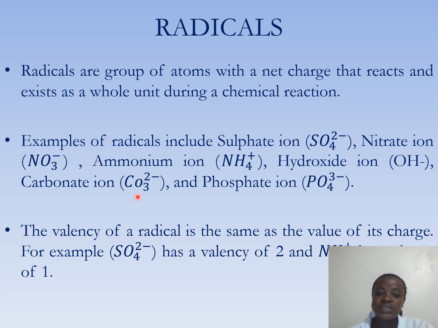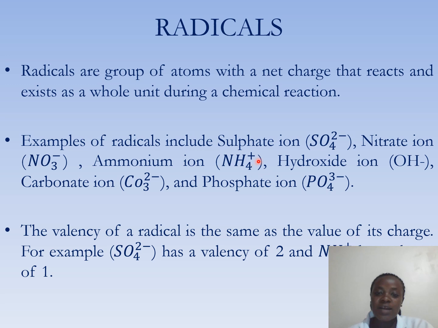Examples of radicals, we have sulfate. This is the sulfate ion. You can see it's SO4 with a charge of 2 negative, nitrate ion, ammonium ion, hydroxide ion, carbonate ion, and phosphate ions. So those are examples of radicals.